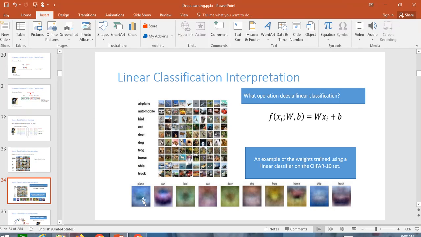Now when we multiply x by the second weight vector, we are calculating the similarity of the input with the second class, and so on. We say that these weight vectors related to each class are the prototype of that class. That is, if we consider all the images belonging to that class and calculate an average, we will have an image similar to the image corresponding to this weight vector.